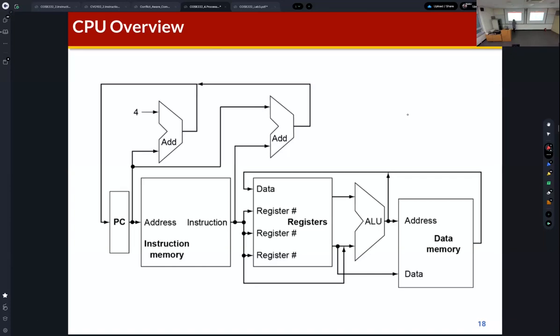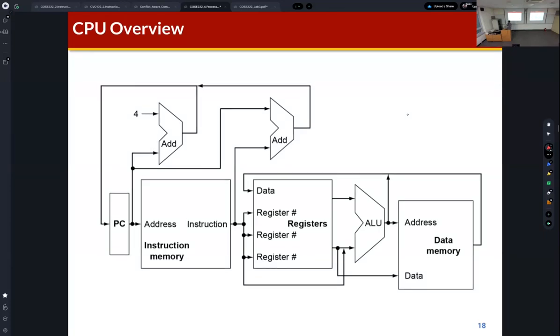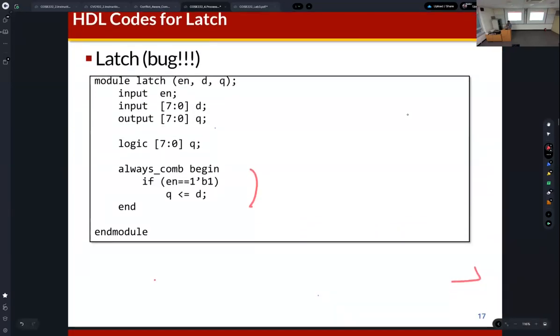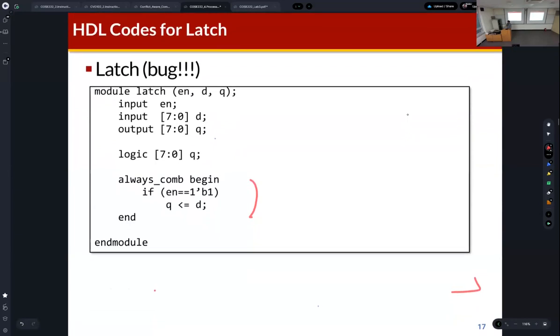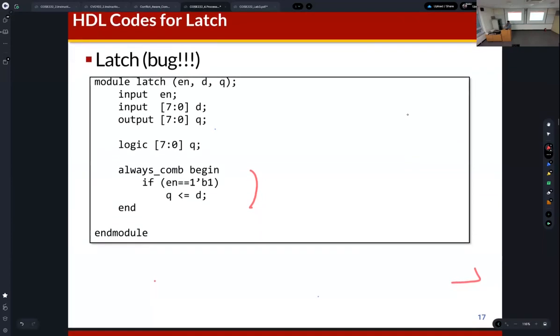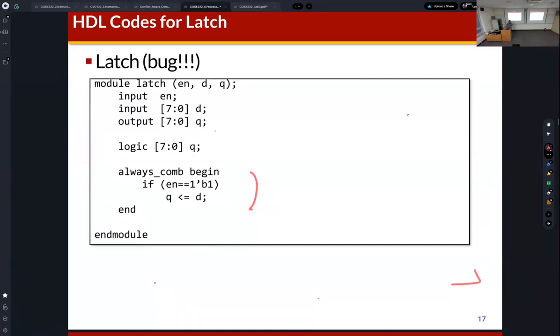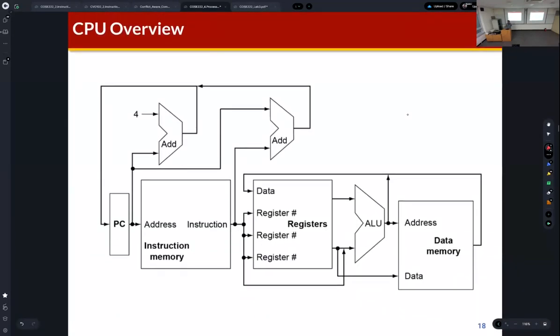Until here, this is the basic knowledge required for implementing digital design, and using this knowledge, we need to implement the RISC-V CPU, or RISC-V processor. How?